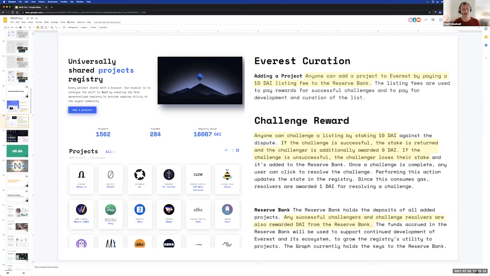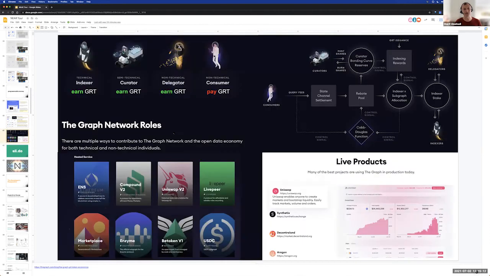And then maybe the most sophisticated example I've got here is The Graph, where they have all these different roles: indexers, curators, delegators, consumers. And basically they've set up a system that allows you to very easily interact with data that is on the blockchain, on various different chains that they integrate with. As a developer, it's fantastic.